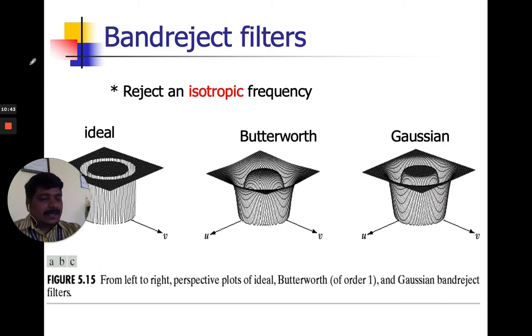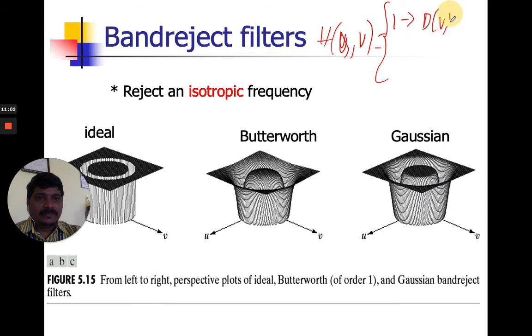H of u comma v equals 1 if D of u comma v is less than D naught minus W by 2.